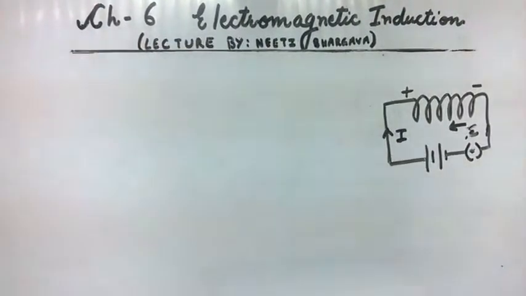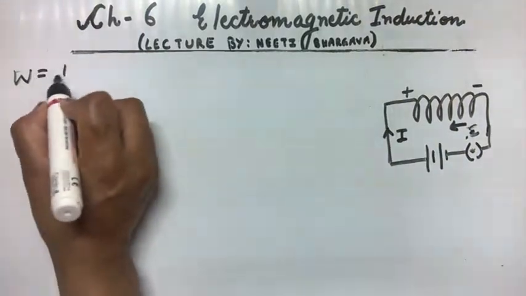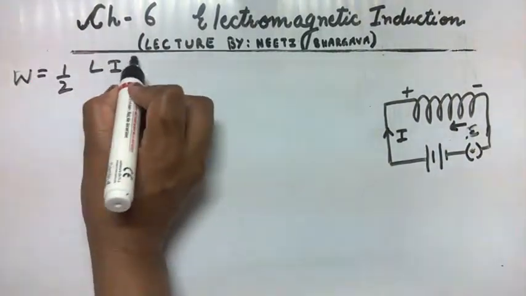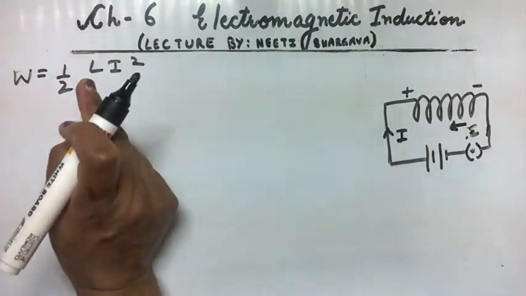So we can write W is equal to half L I square, or we can write it in terms of magnetic flux.